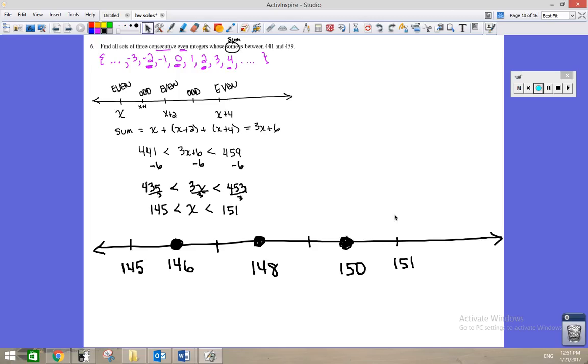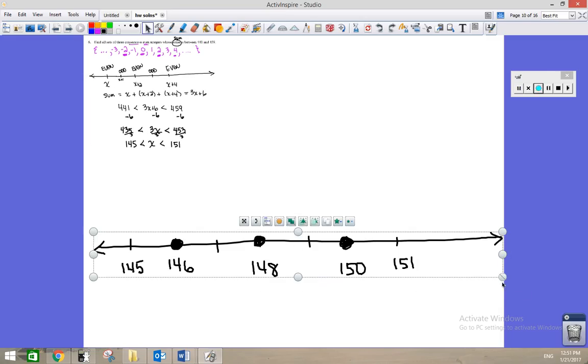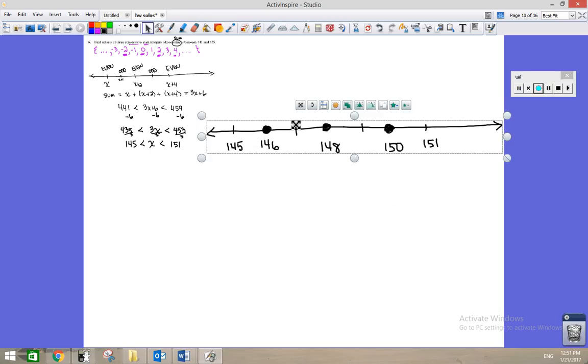Now I need to shrink this up to give myself some room here for the rest of the problem. So it wanted all sets of 3 consecutive integers.